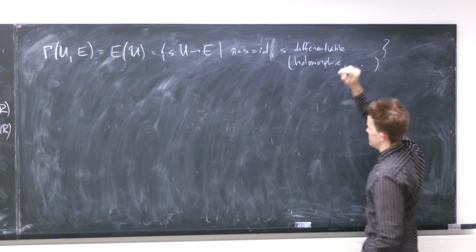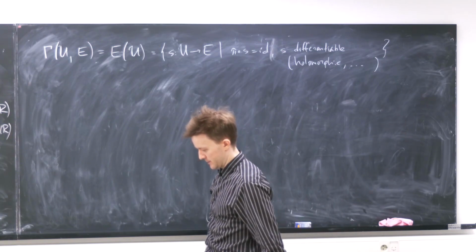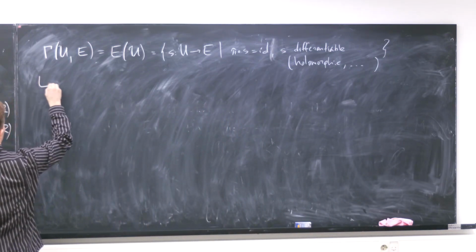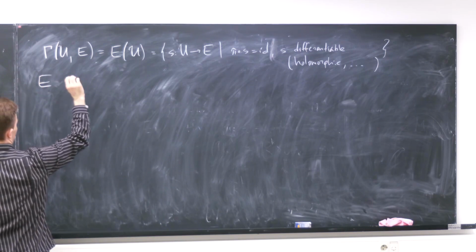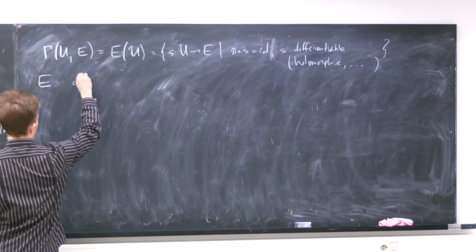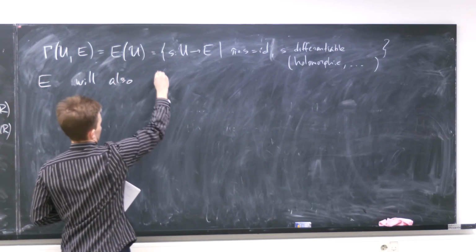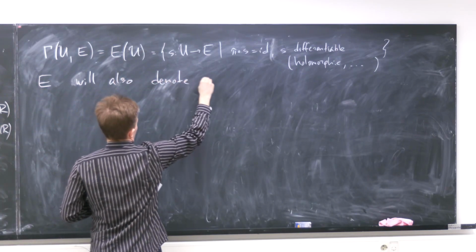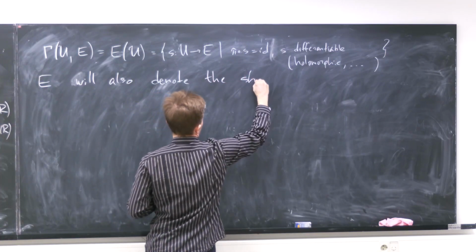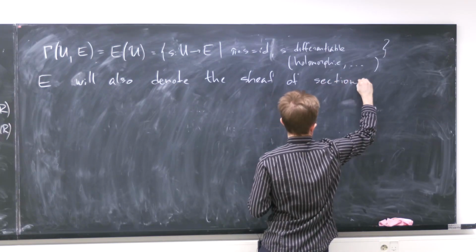Whatever type of vector bundle we have, we will have the corresponding sheaf of sections, and I will write E for this sheaf as well, not only for the topological space, but also for the sheaf of sections. So E will also denote the sheaf of sections of E.